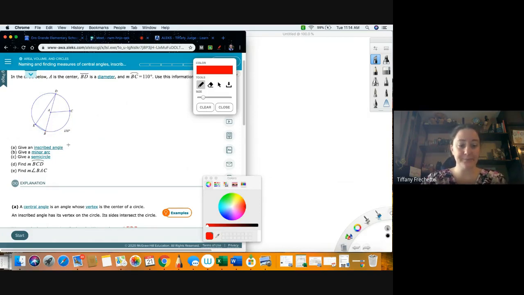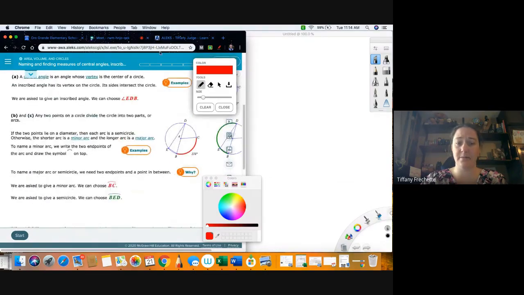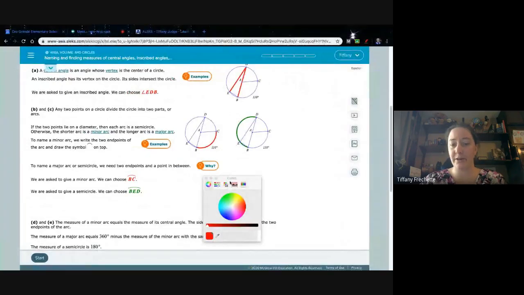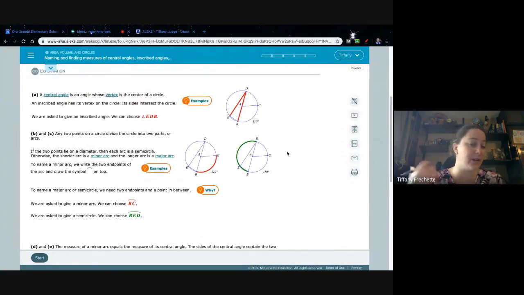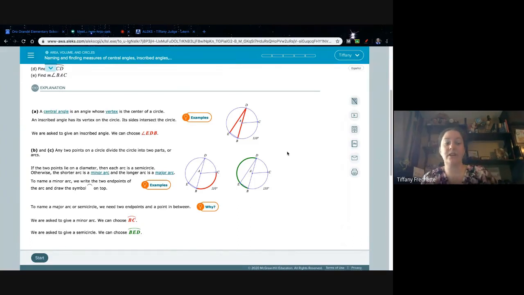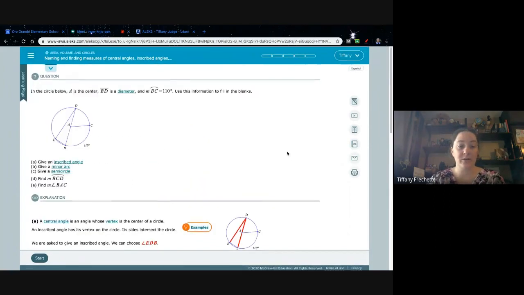Let's scroll down really quick, just so that we can see what they're doing. I had that notepad open for notes, but I don't know how many notes we're going to write down, because a lot of this is definitions. We've been using circles this week, and we may have started them last week. So it's really just about knowing your definitions. If you don't know your definitions, I definitely suggest you take a moment, write them all down, and take some notes so that you remember what all of these pieces are. We have radius, diameter, chord, now arc, and there's a minor arc and a major arc.